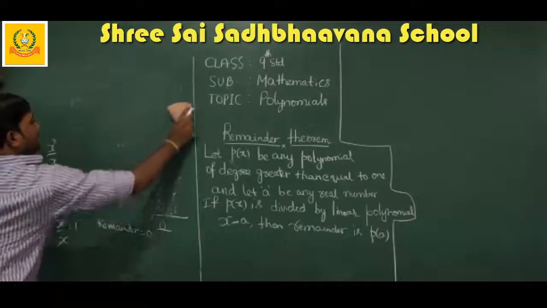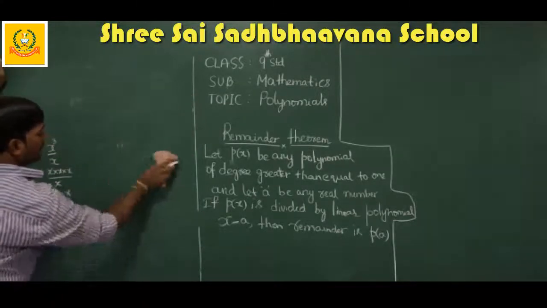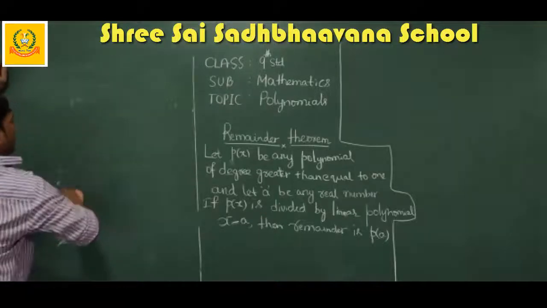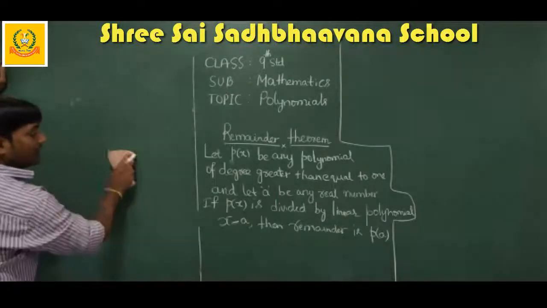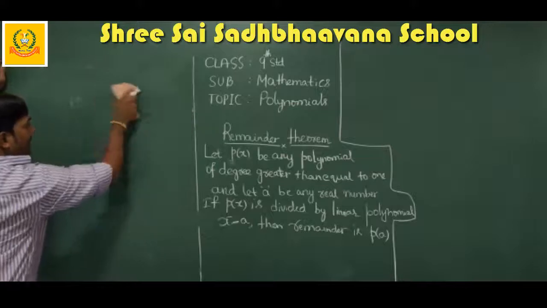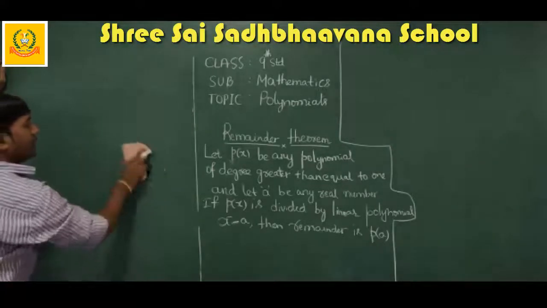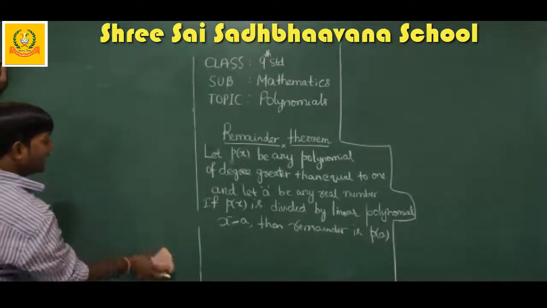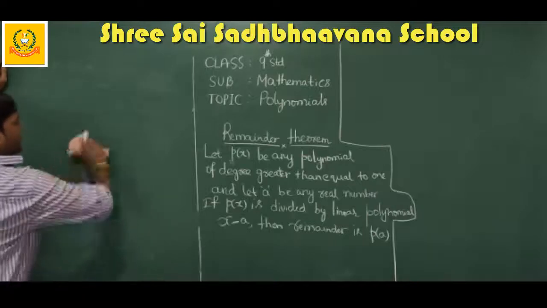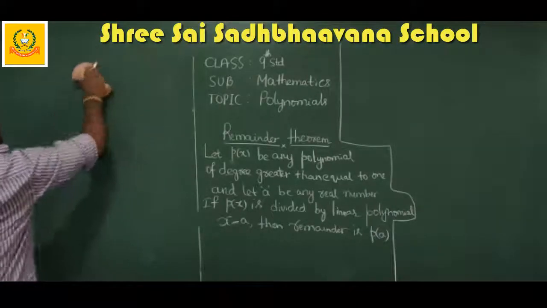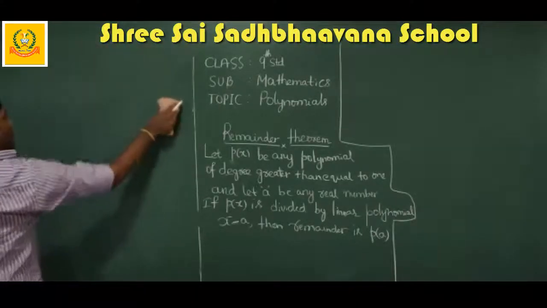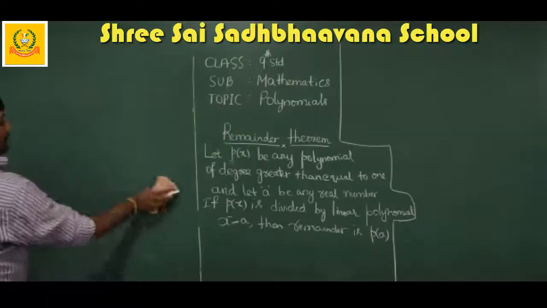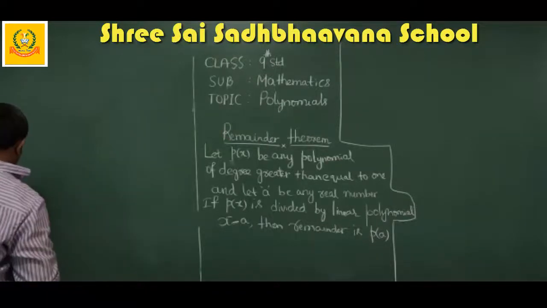So what is the remainder theorem? Here the condition is that P of x is any polynomial, meaning they are talking about the dividend. So the dividend is P of x and we are considering a linear polynomial, x minus a. What is the division algorithm or division formula? You might have come across this formula in the last classes.